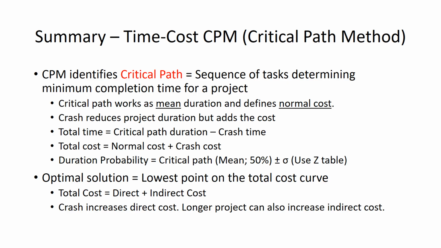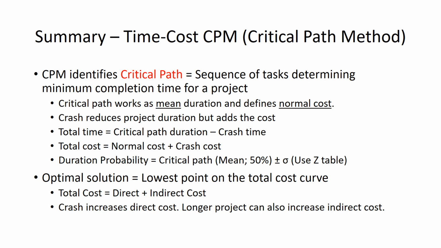Critical path concept, importance of it is minimum and completion, and it works as the mean duration, the average, and defines the normal cost. Crash reduces the project duration, but it will add the cost. Total time is critical path duration minus crash time that we wanted to reduce. Total cost is normal cost plus added cost due to crash.